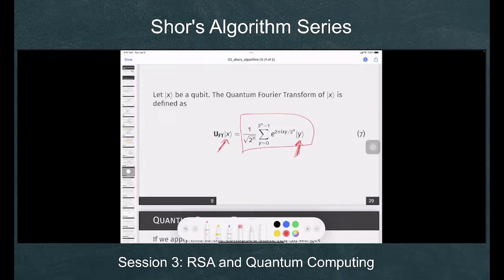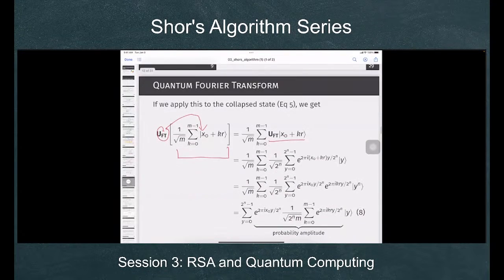Let's go back to the next slide. What is y? y is still y, but x is now x0 plus kr, so this becomes x times y. What you have here is this one multiplied by y.